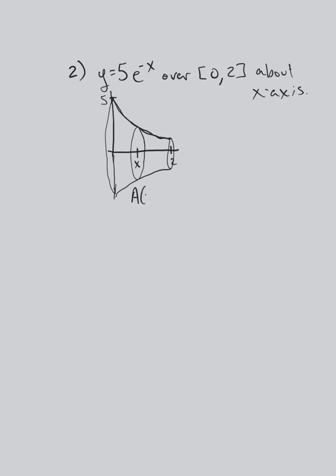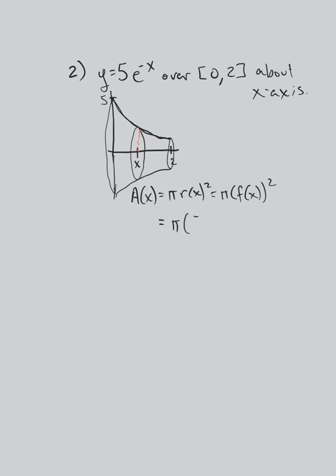Its cross-section area is going to be pi r of x squared. You don't necessarily need that step, just realize that's what you're using, but the radius here is our function value. So it's going to be pi f of x squared, like that.